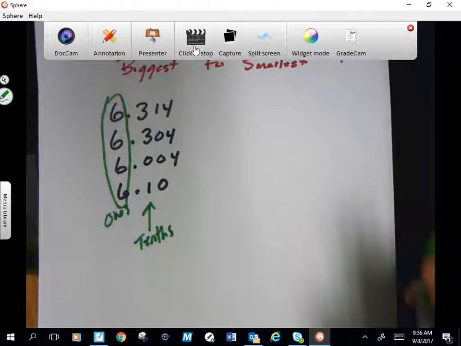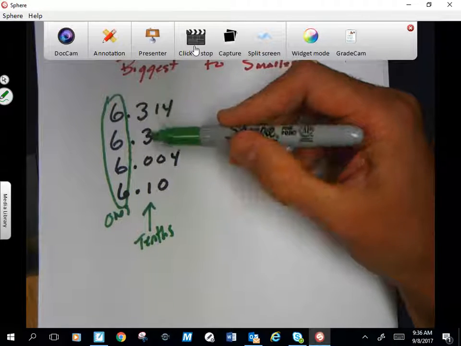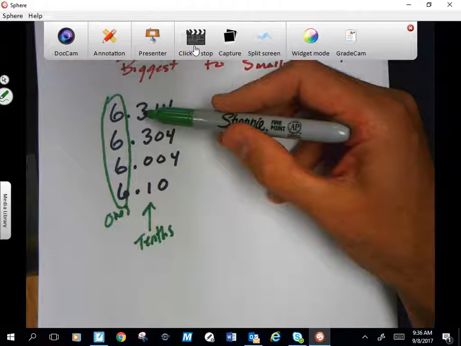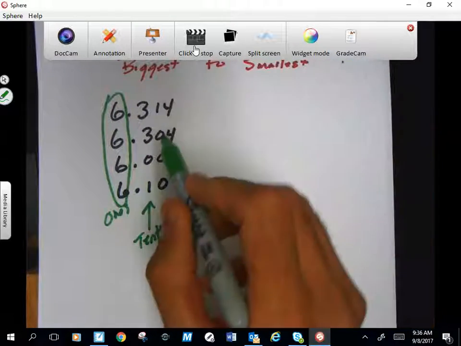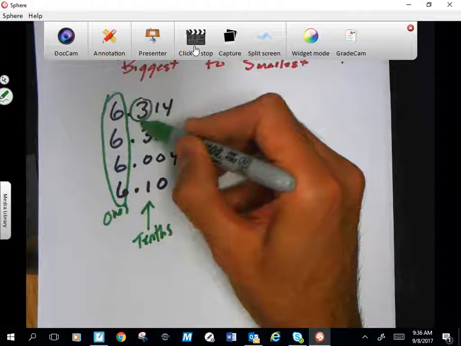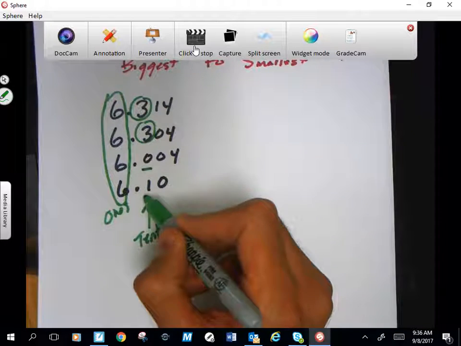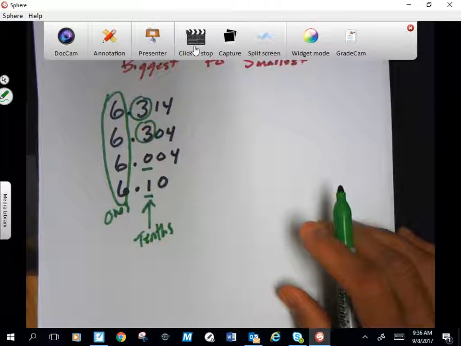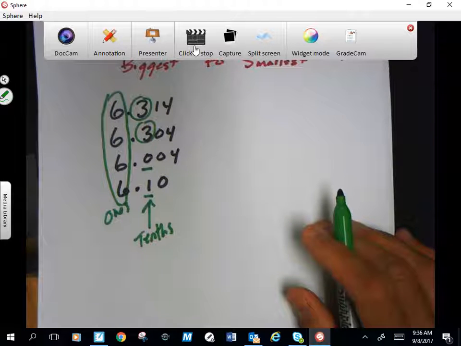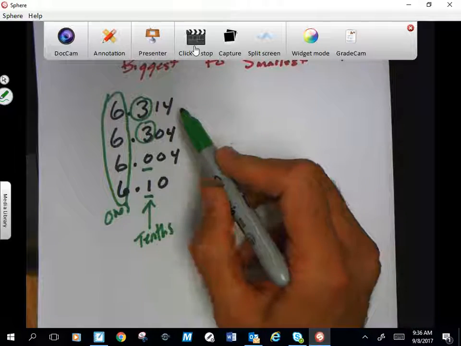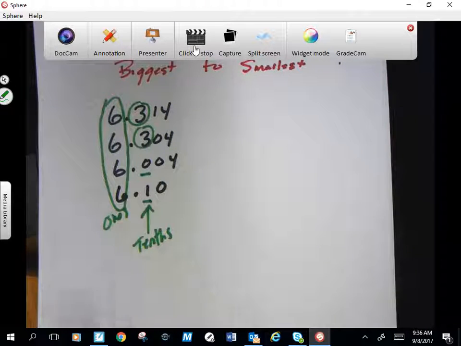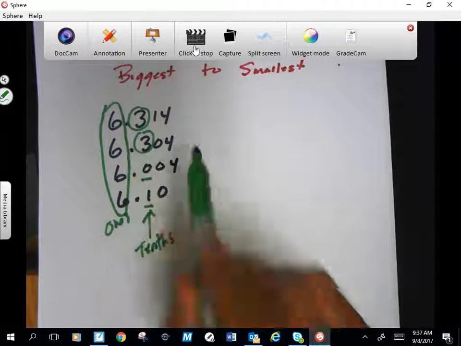You should see that the tenths are not all different. We have 2 that are the same, and then 2 are different. And if we want the greatest number first, we know that the greatest number is either going to be 6 and 314 thousandths or 6 and 304 thousandths.